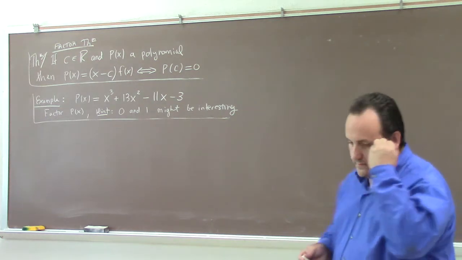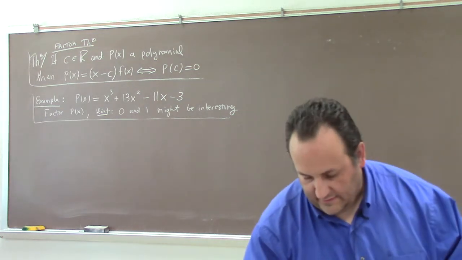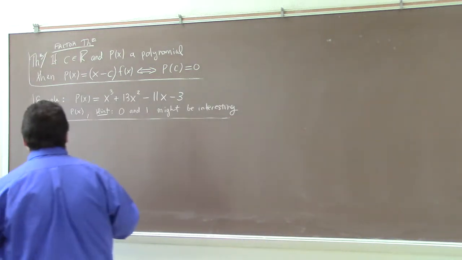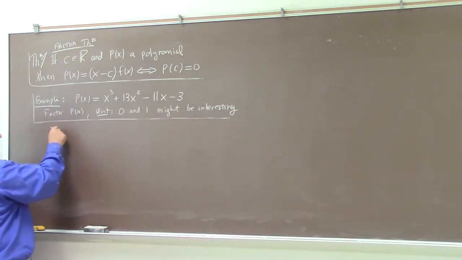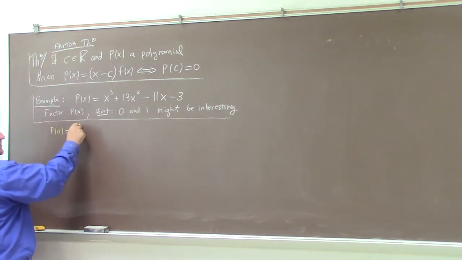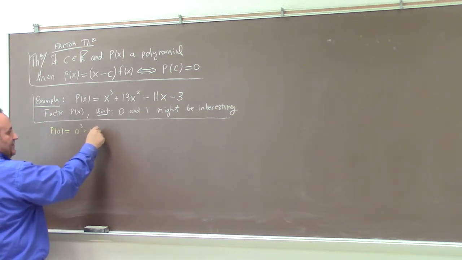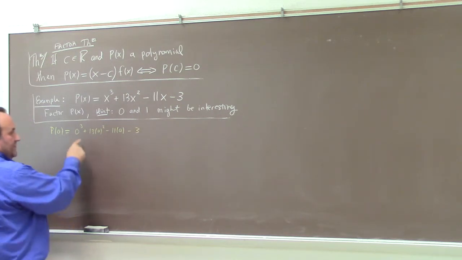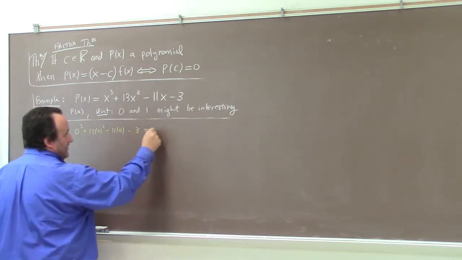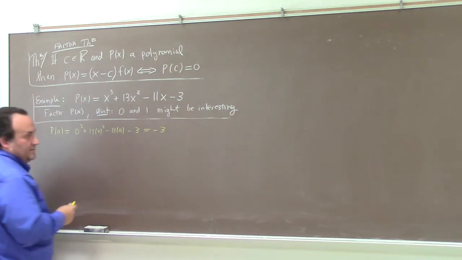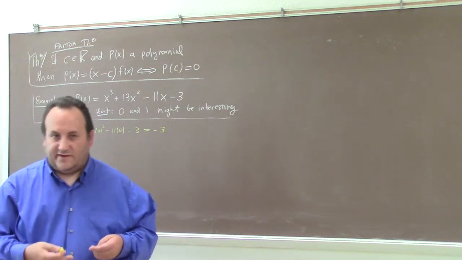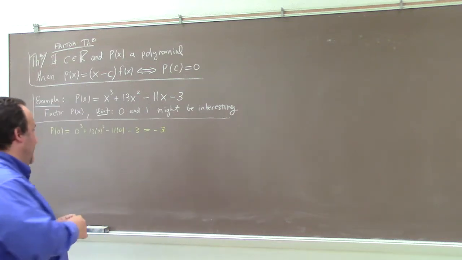Okay, I said 0 and 1 might be interesting. Well, what happens if you look at P of 0? We've got 0 cubed plus 13 times 0 squared minus 11 times 0 minus 3, which is minus 3. So that's no help. It's not 0. The factor theorem doesn't help us out at all here. How about P of 1, though?